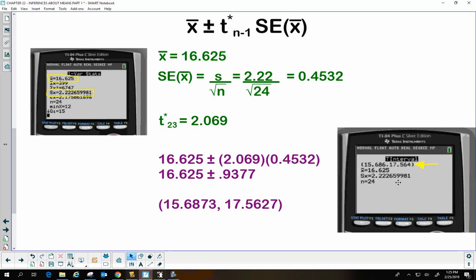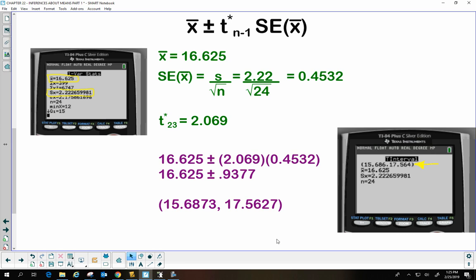When I do it in the calculator, I do stat, tests, and I choose a t interval, and you can see that I get close to what I got here. Of course, I did a little rounding in my hand calculations, so I'm off by a little bit from what the calculator got. But it looks like we did a good job.